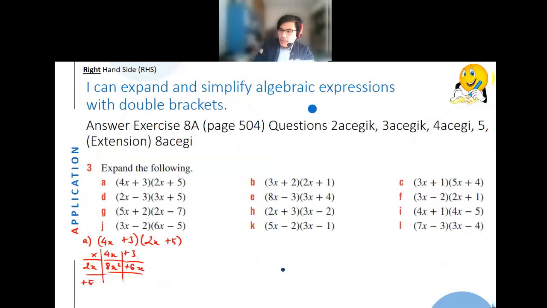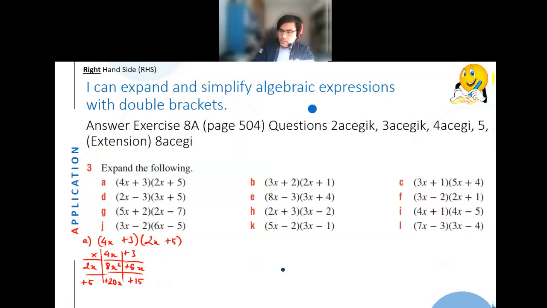Then we have plus 5 times plus 4x, positive and a positive, so positive. 5 times 4 is 20, so plus 20x. And then we've got positive 5 times positive 3, which is going to give positive 15.